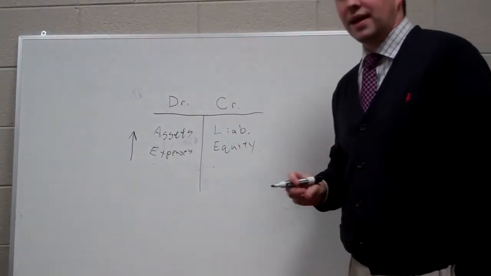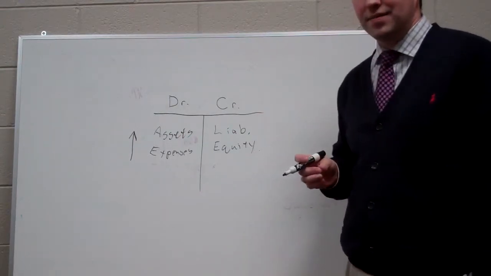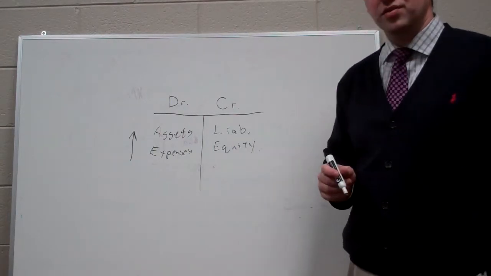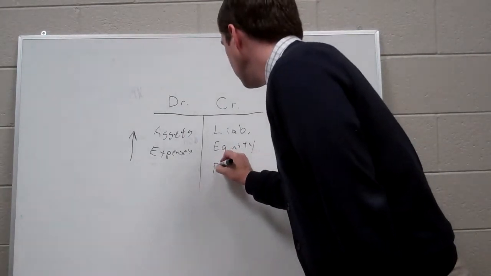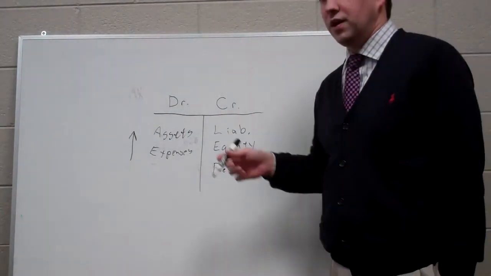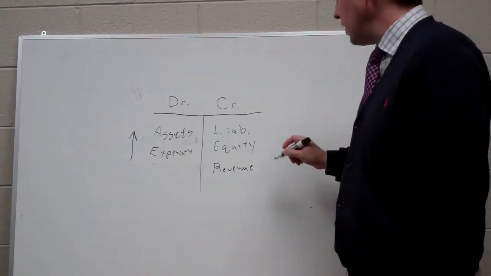Equity, that capital account, is going to increase on the credit side. When we have income, that will increase. Also, revenue. When we get cash from customers, we debit cash because the asset cash went up. Got to have a credit.